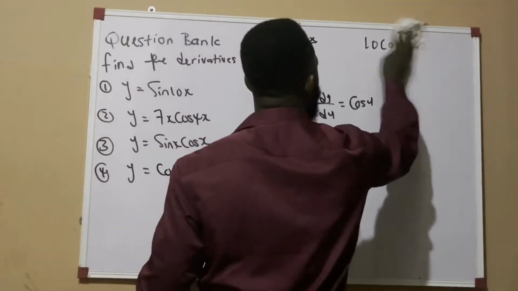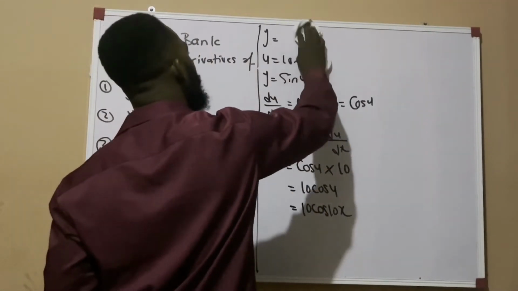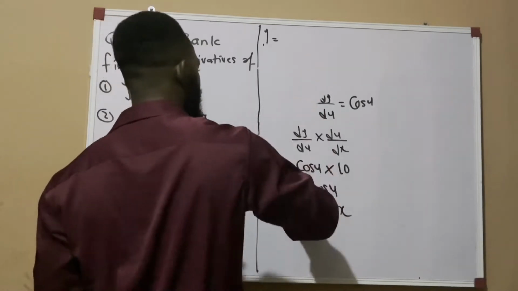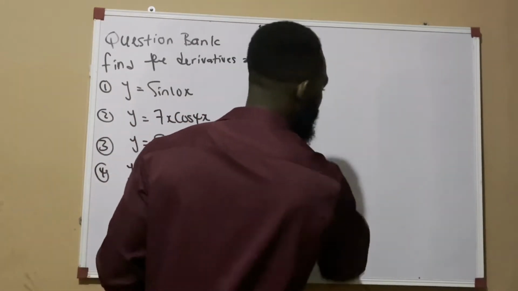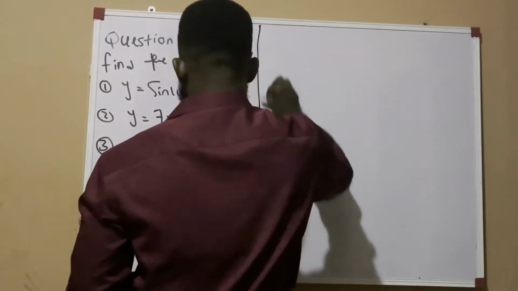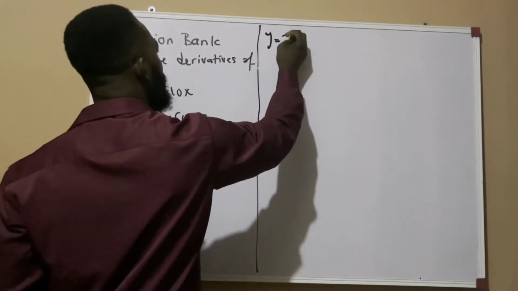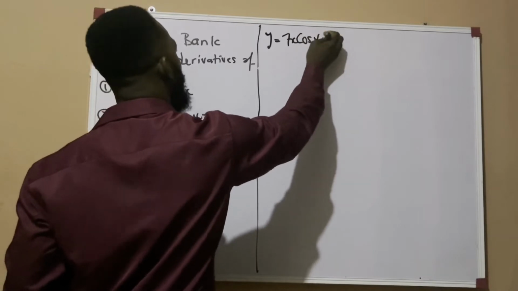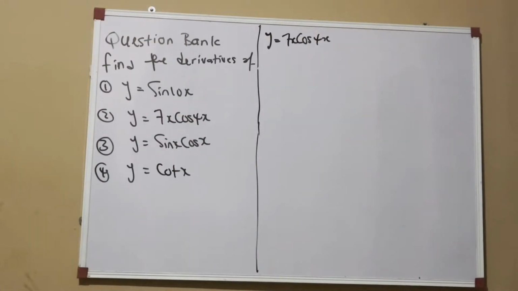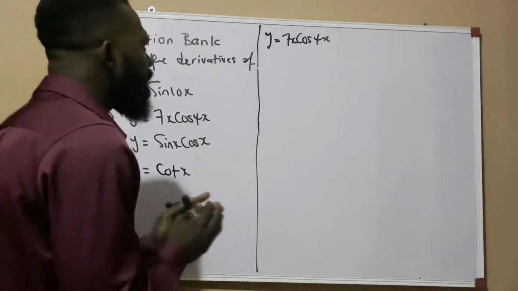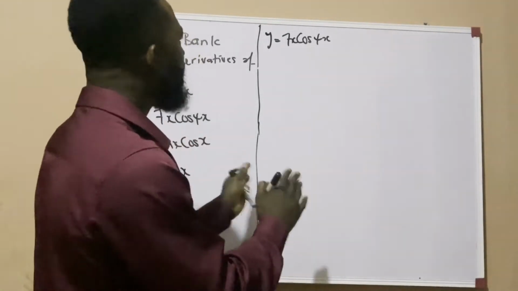Question number 2 says y equal to 7x cos 4x. When you have a question like this, the first thing that comes to your mind is that we have 7x cos 4x.